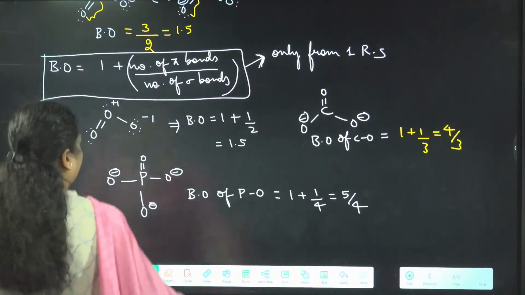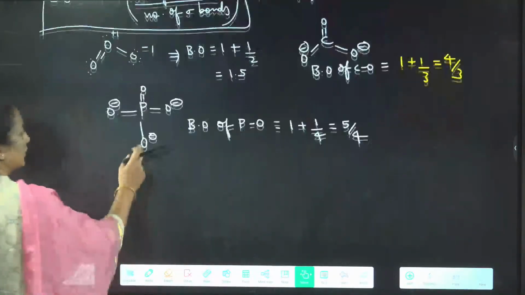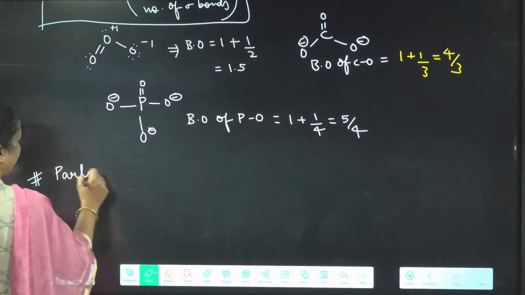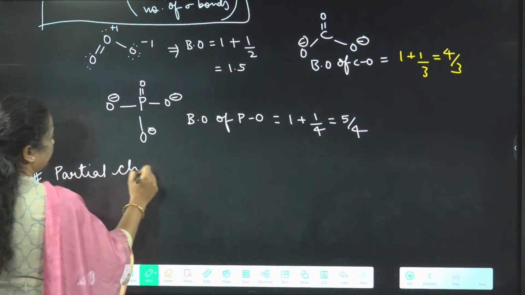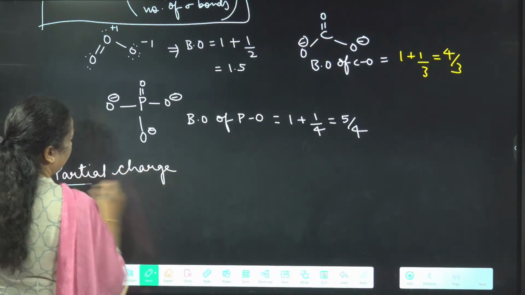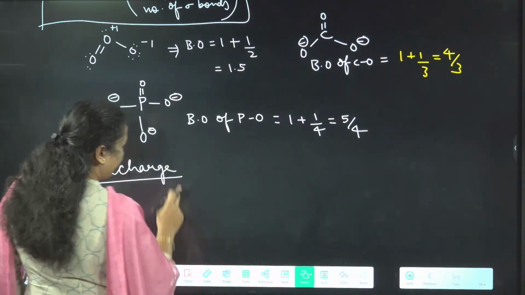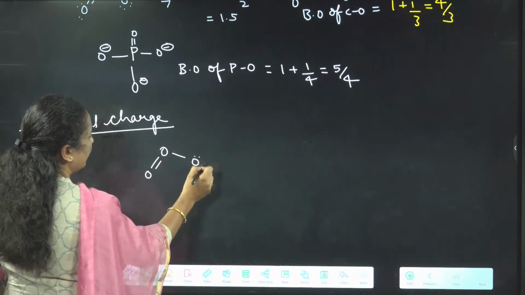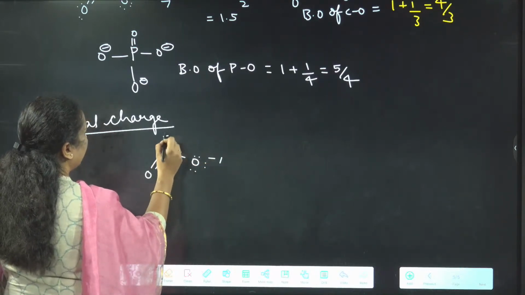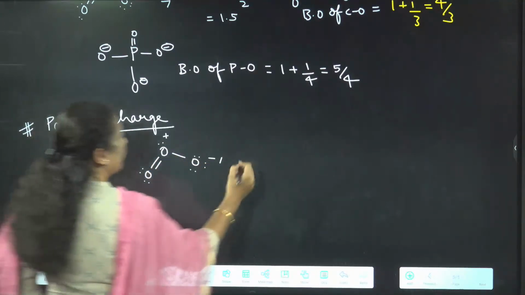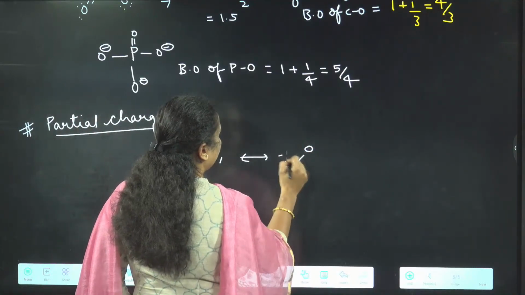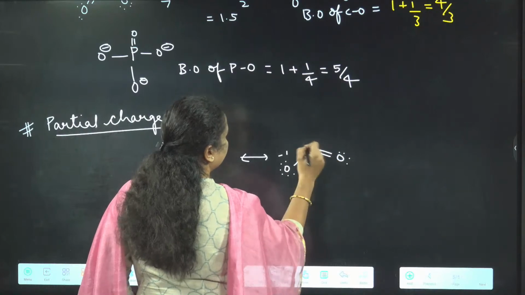Okay. Now, there could be one more question which can be asked from this: partial charge. So basically, if you consider ozone, in case of ozone what we are writing is 1, 2, 3, 4, 5, 6, minus 1, here plus 1. One more structure I am writing here, O minus 1, 2, 3, 4, 5, 6, minus 1 double bonded O like this.